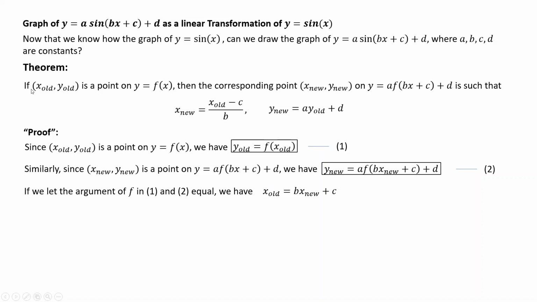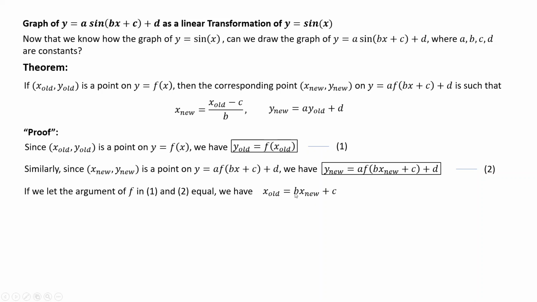Yeah. In our (0, 0), when we said x old was 0, we would know x old. Would we know b? Yes, when they say apply this linear transformation, they would have given us a, b, c, and d. So b is known. Is x new known? No, that's the unknown quantity. c is also known. So using this formula, all we need to do is solve for x new.